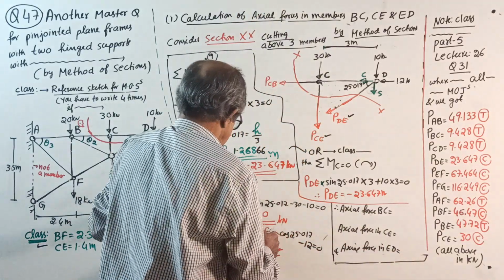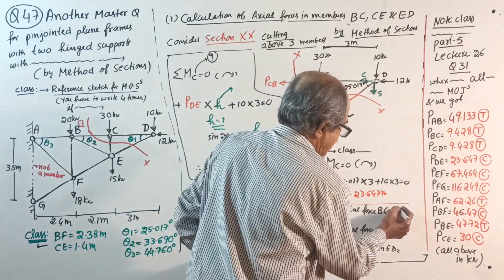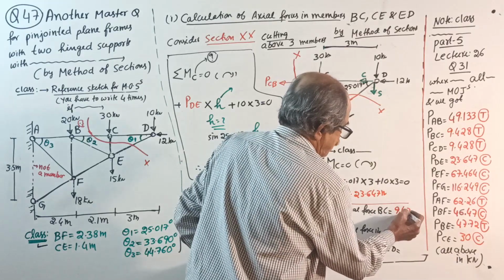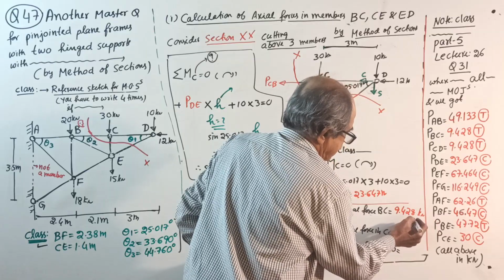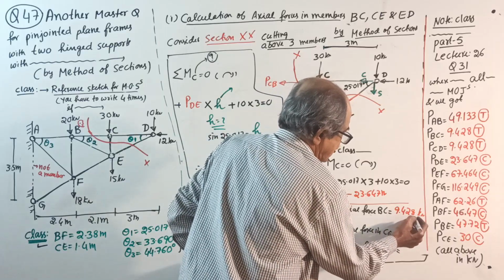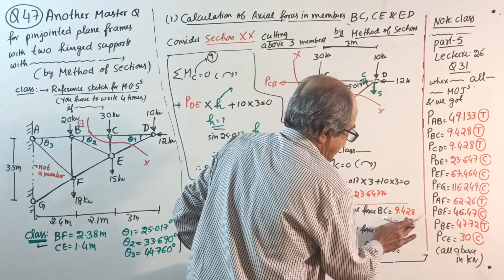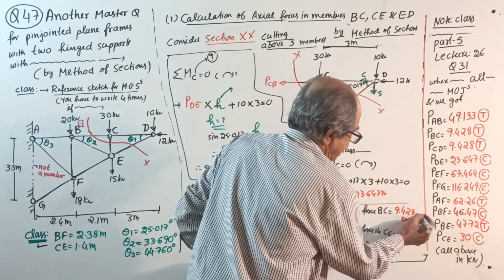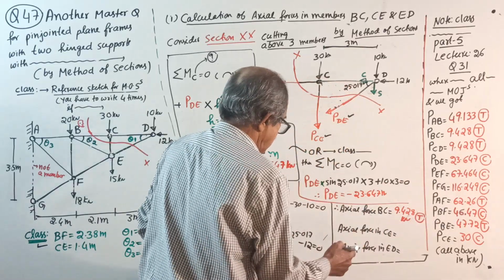ED equal to, see here. BC, where is the answer? BC, CB, 9.428 kilonewton. Positive came. Positive means tension. I'll put kilonewton down. Tension, tensile.